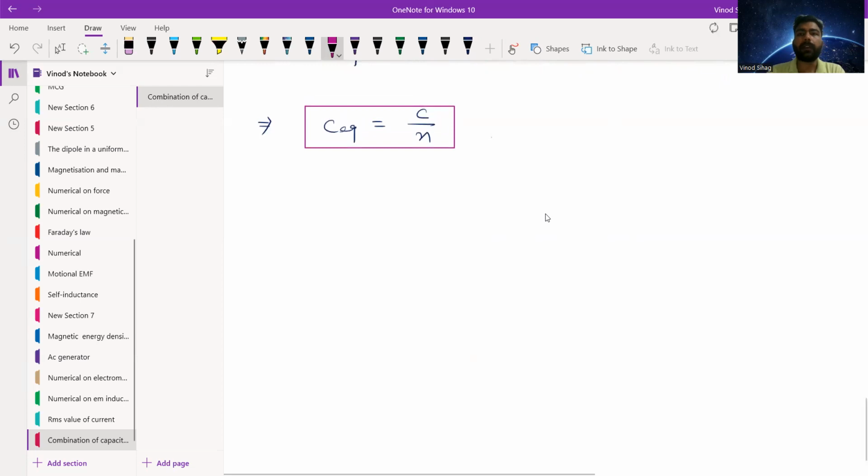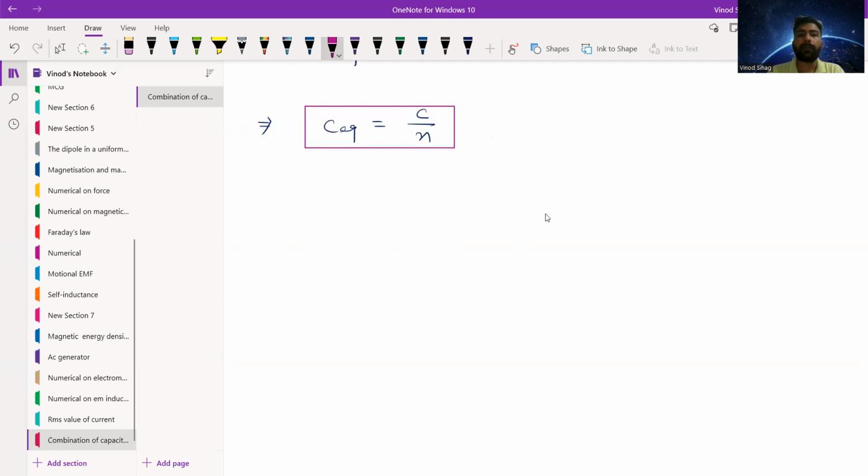So if there are n capacitors connected in series, the equivalent capacitance will be reduced to the nth factor of that capacitance.